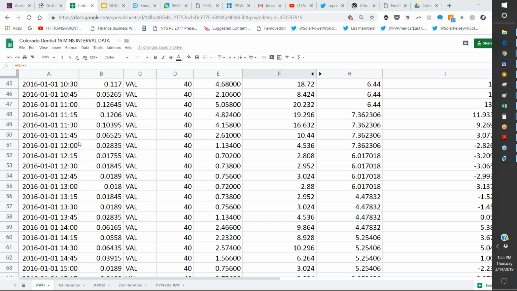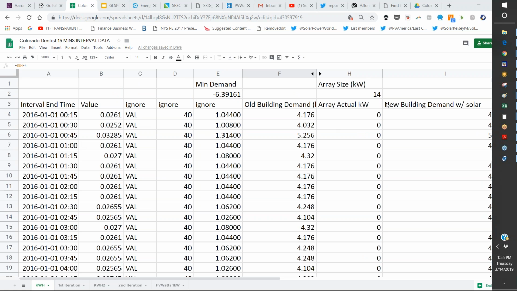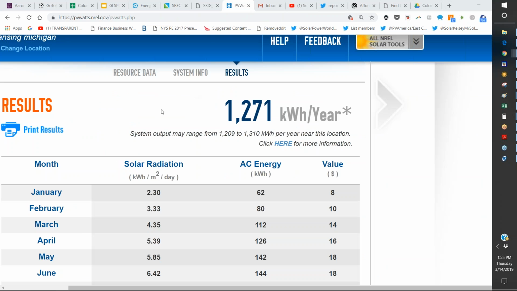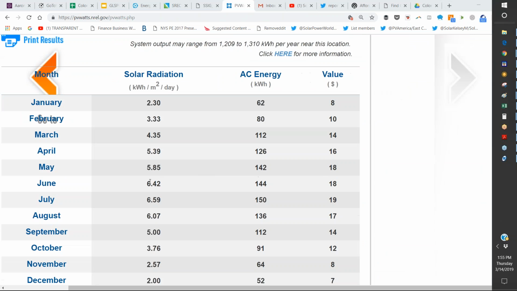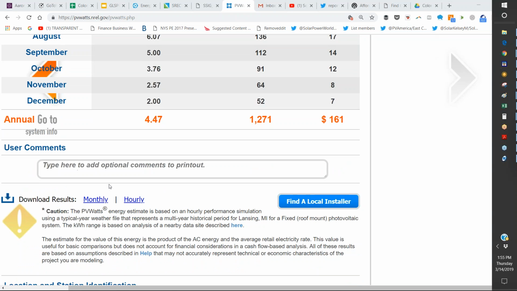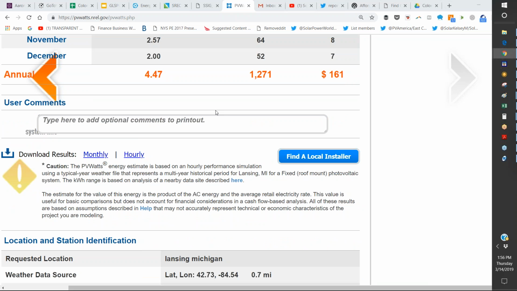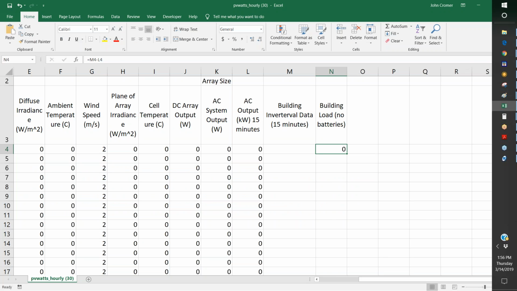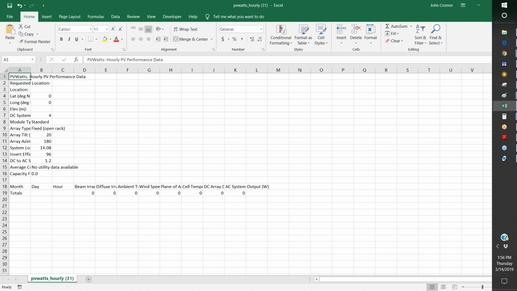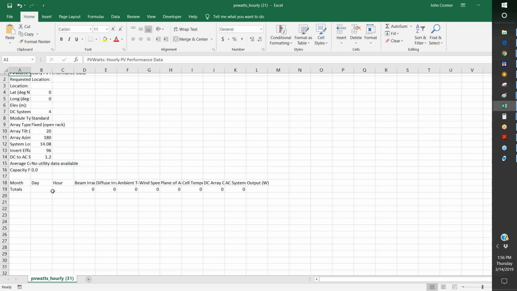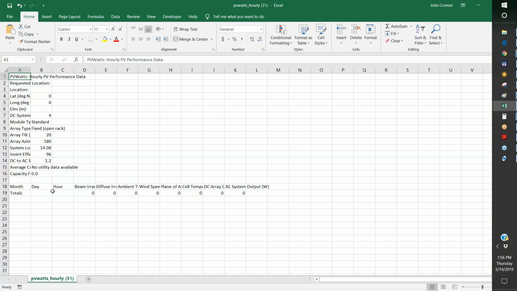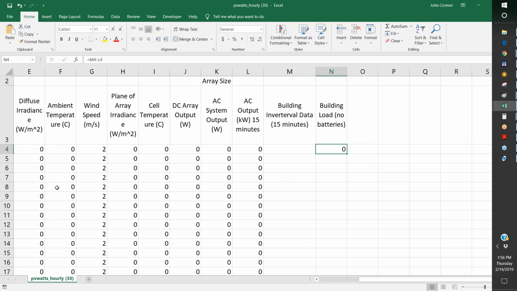Yesterday, we went to PV Watts and ran our PV Watts simulation. We downloaded the hourly data from PV Watts, and we ran into this problem. The three problems that we're going to run into: looks like the form timed out and didn't give me my data this time around, but that's really neither here nor there.